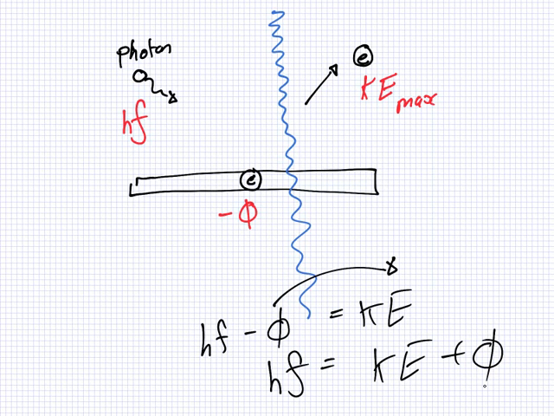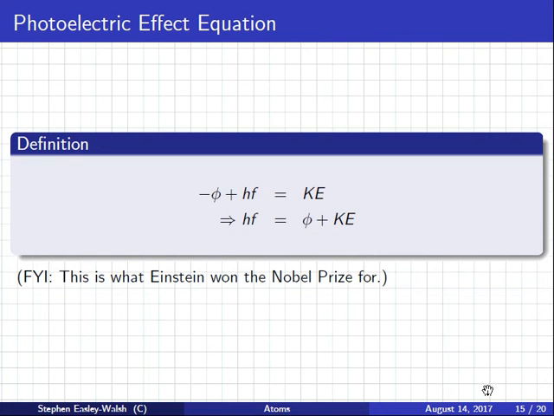It's a simple formula that just comes from the conservation of energy. I hope that makes sense, yeah? Shall we continue? By the way, this is what Einstein won the Nobel Prize for, the photoelectric effect. In other words, this formula, not the E equals mc squared formula.